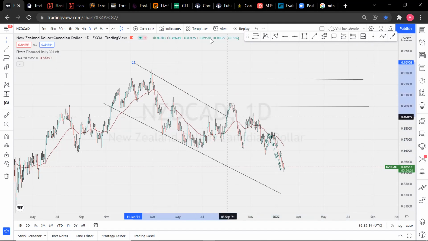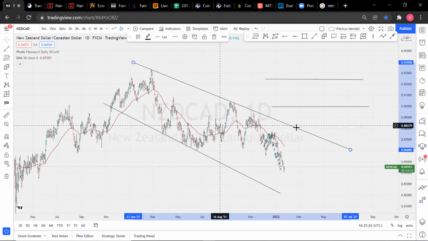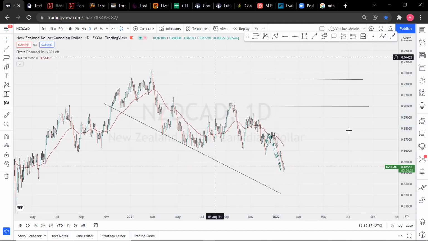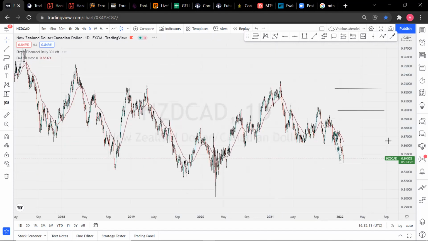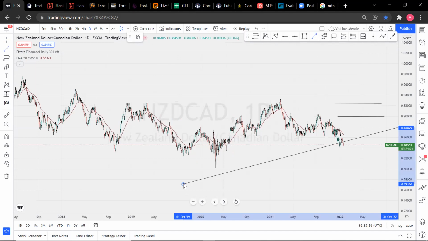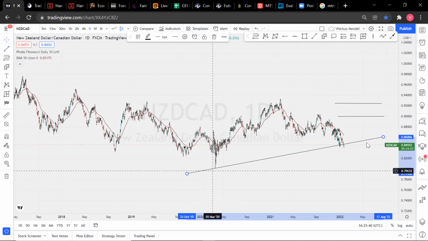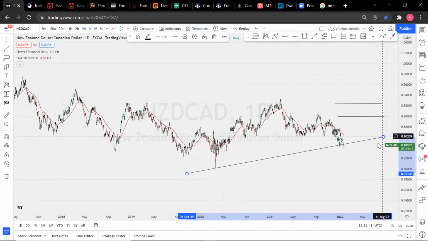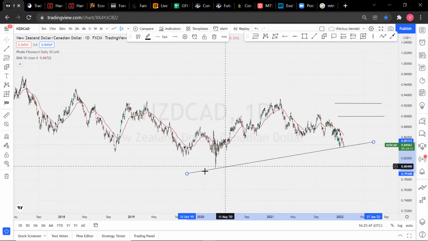Look at something like this. You see how it's flexible by touching it. At least 2 of the wicks are touching the trend line.